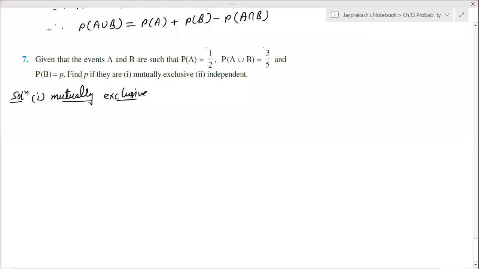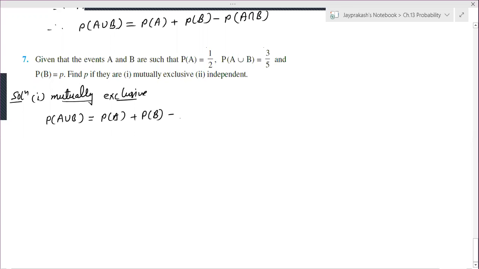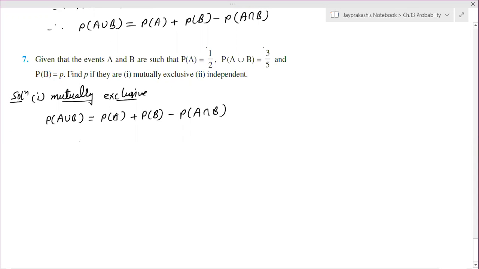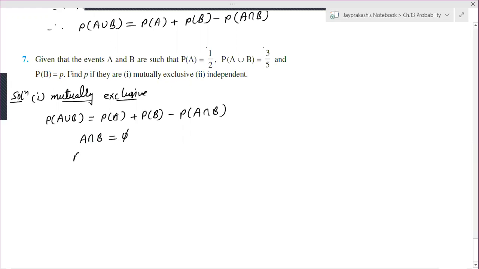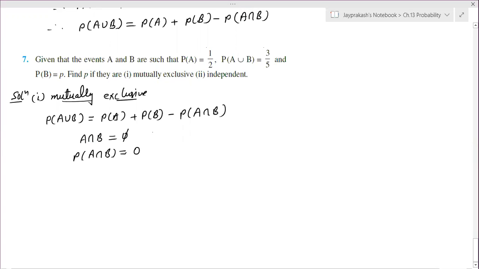So in question number 7, we have to find the value of P when they are mutually exclusive and second when they are independent. So when they are mutually exclusive, we can use the formula P of A union B is equal to P of A plus probability of B minus A intersection B. Now we know that they are mutually exclusive, therefore the intersection will be phi. So we can write here P of A intersection B is equal to 0. There is no element.